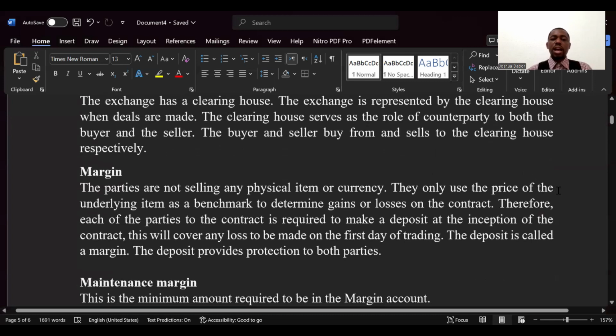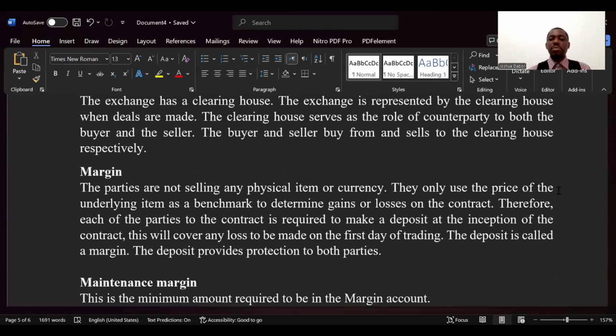The parties are not selling any physical item, but they are trying to use the price of the currency that is being traded as a benchmark for making profits or loss. You get to understand this in detail shortly. So the clearinghouse tends to limit this risk by asking both parties to do what? To pay a deposit, which is known as the margin. The parties are to pay these deposits to be able to reduce the risk that the other party may be facing.